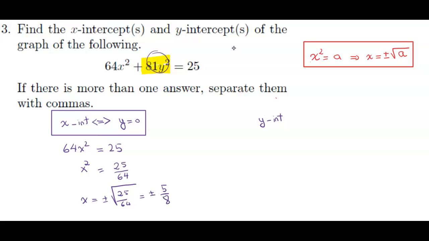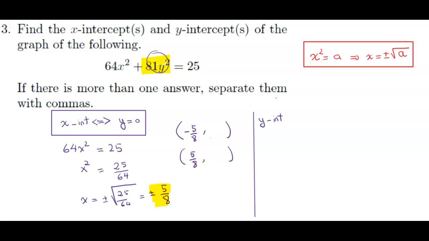So now, what are the x-intercepts? The x-intercepts would be 2 of them. Remember, we have 2 values for the x's. So you're going to take one of them, negative 5 over 8, comma, and the other one is going to be 5 over 8, comma.